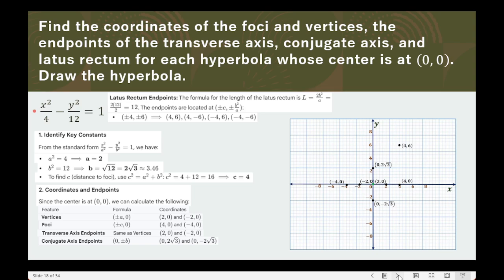These are 4, 6, and 4, negative 6. On the second latus rectum, the endpoints are negative 4, 6, and negative 4, negative 6. I was not able to put the negative sign on the y coordinate of this endpoint.